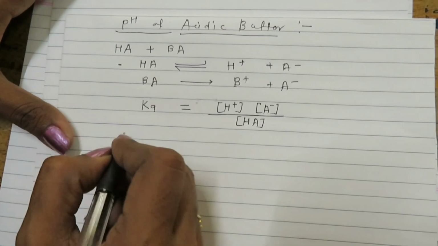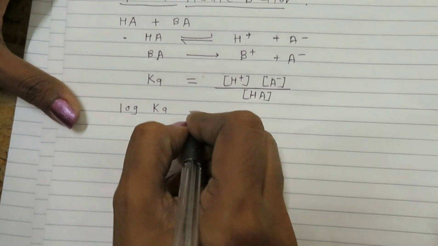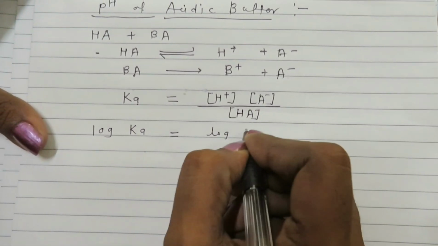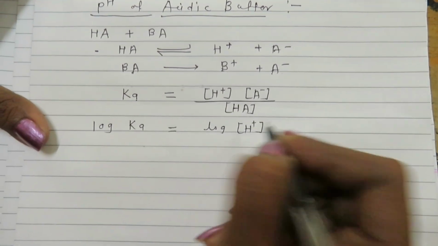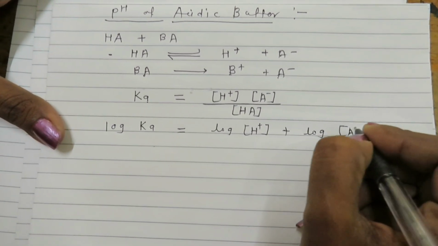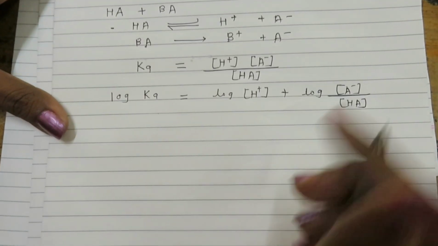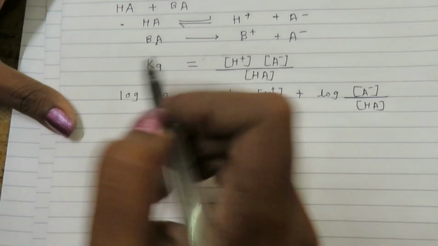Now we will take the logs on both sides. So it becomes log K equal to log of H plus plus log of the concentration of A minus upon the concentration of HA. Now we will change the signs on both sides.